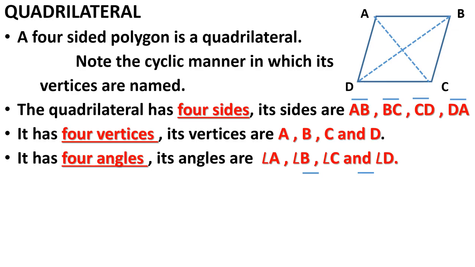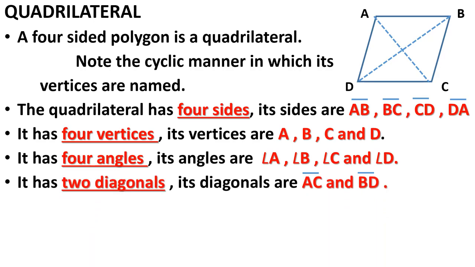Its angles are angle A, angle B, angle C and angle D. And it has two diagonals. Its diagonals are AC and BD. When we join opposite vertices, we get the diagonals.